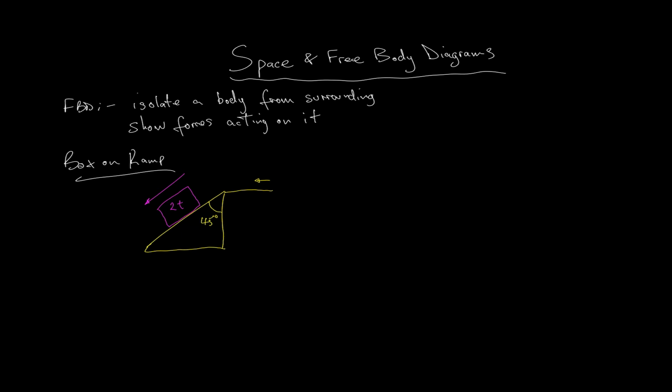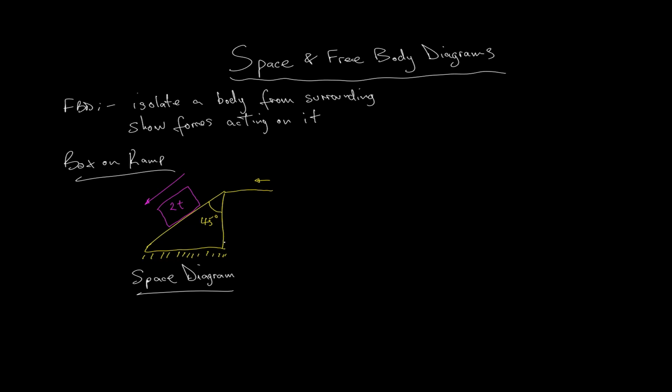So 45 degrees here. This is just going to be the ground, which I just shade in like this. Okay, so the box travels that way. So effectively what we have here is a space diagram. Okay, so that's what's happening in 2 or 3D space.